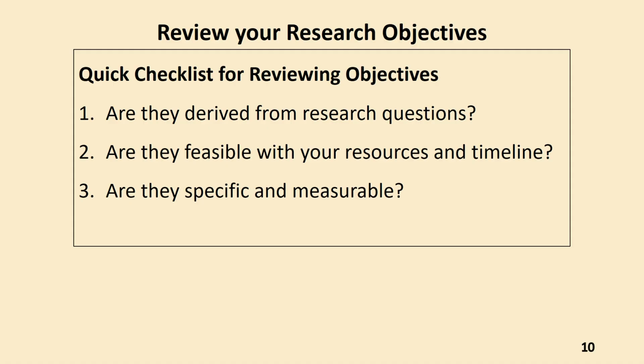Are they specific and measurable? This is also important. Are they specific? And definitely when you form objectives in this manner, you will have a specific objective, but please look into whether your objective is measurable or not, because if it is not measurable, it's not going to work for you. Are they logically sequenced?